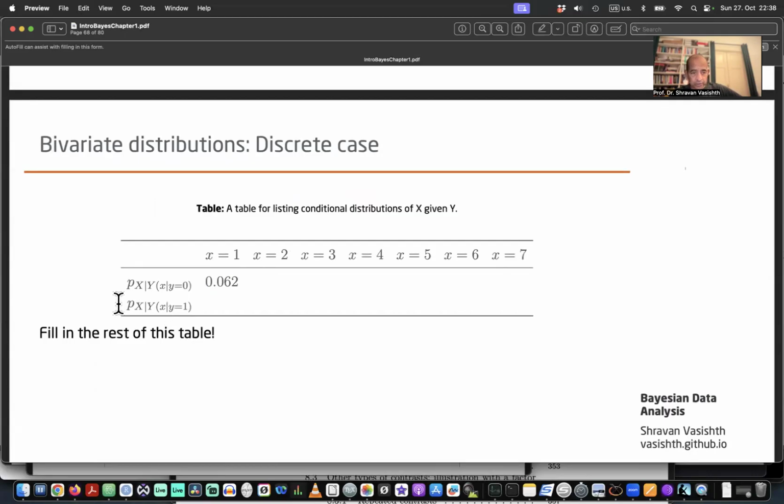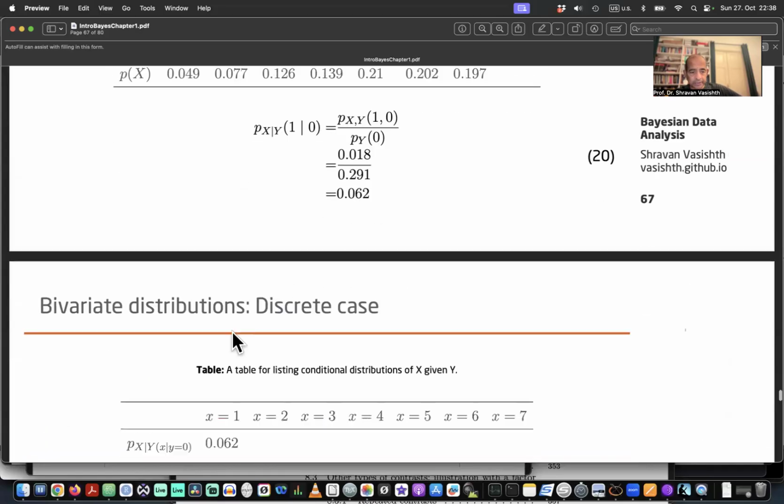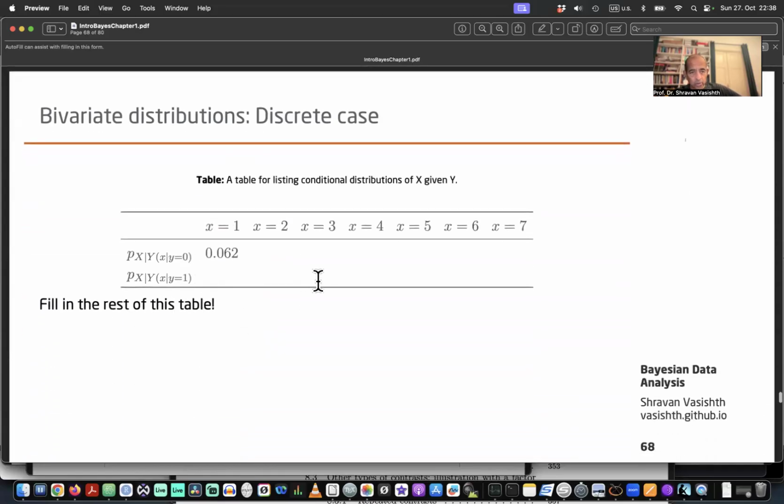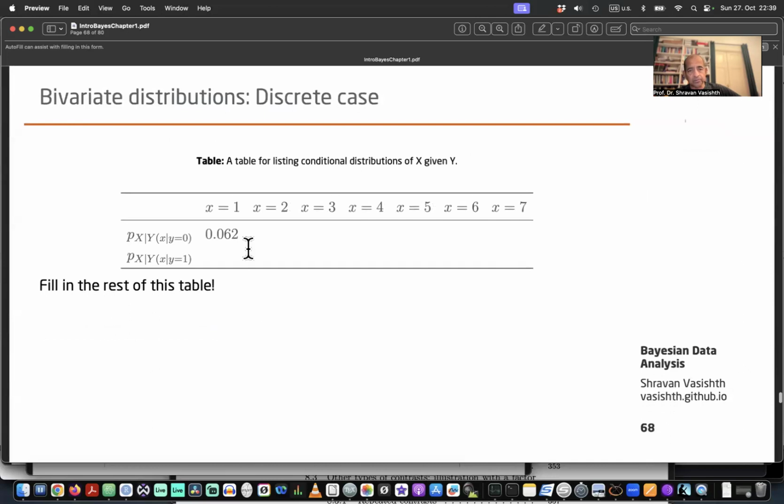Then you would start over by setting y equal to 1, and then looking up the marginal distribution of y equal to 1, that's 0.709. That would be in the denominator now. And then in the numerator would come all the values for different values of x, just like here, okay? So you just have to do this exercise on your own. Make sure that you compute, fill out this table in your own time. I won't be checking it, but it's a good exercise.